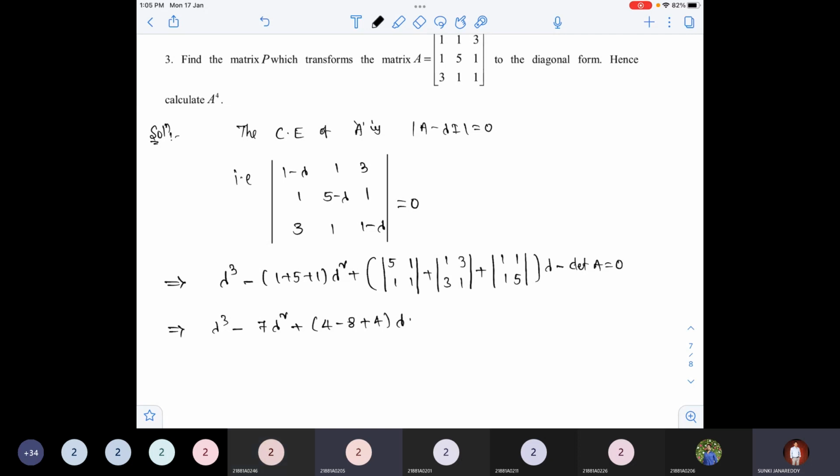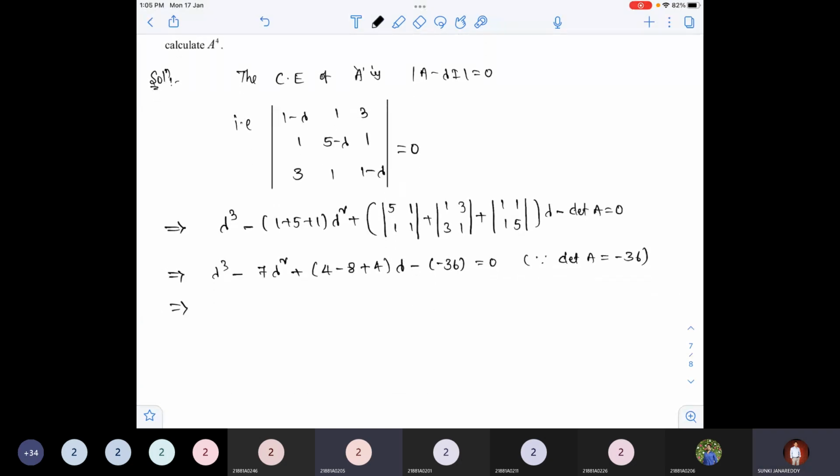Into lambda minus determinant of A. What is the determinant? Minus 36. So at last we got lambda cube minus 7 lambda square plus 36 equal to 0.